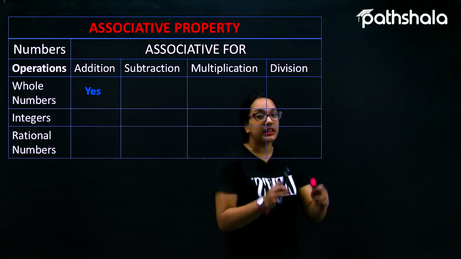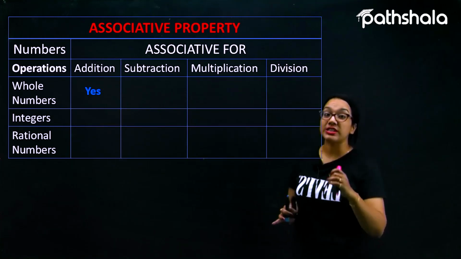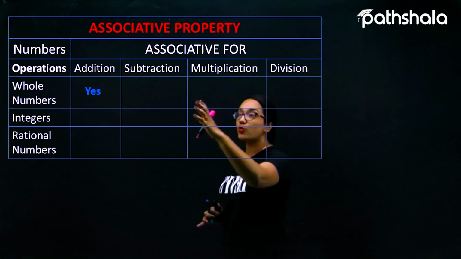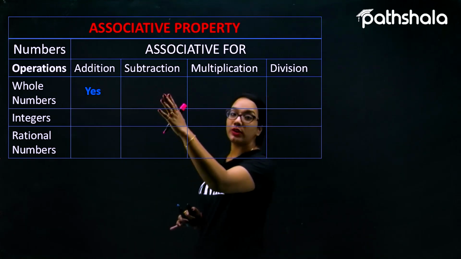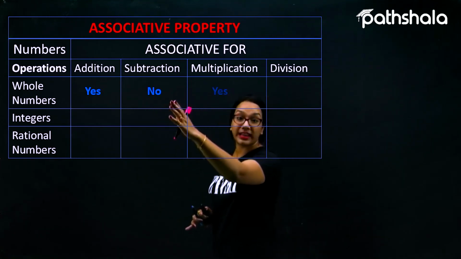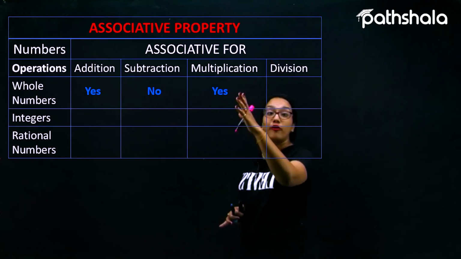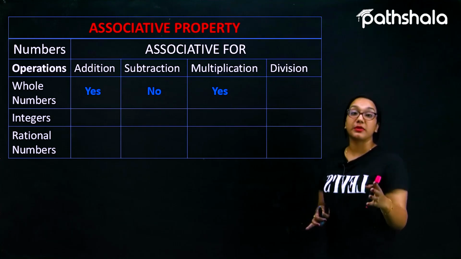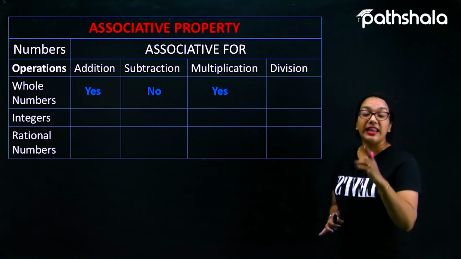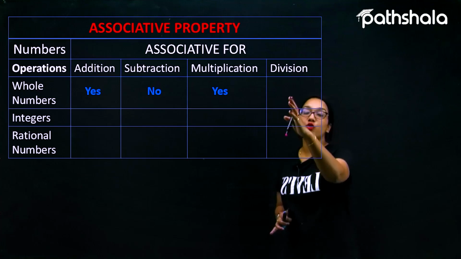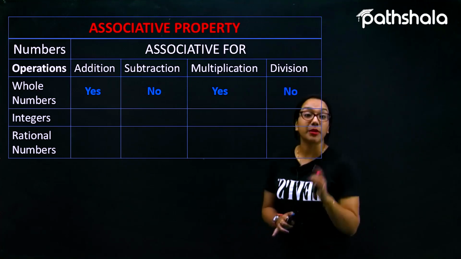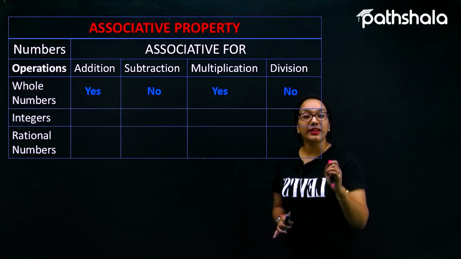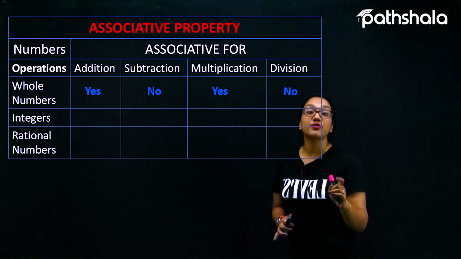So yes, the whole numbers in case of the addition is associative. Let's just move on towards the subtraction. Whether for the whole numbers associative property holds in the case of subtraction? No, definitely. For the case of multiplication, yes, because we know that A into B into C is equal to A into B into C in case of the whole numbers. Let's just move on towards the division. So the answer is nothing but no. Yes, the whole numbers are not associative in case of the division.